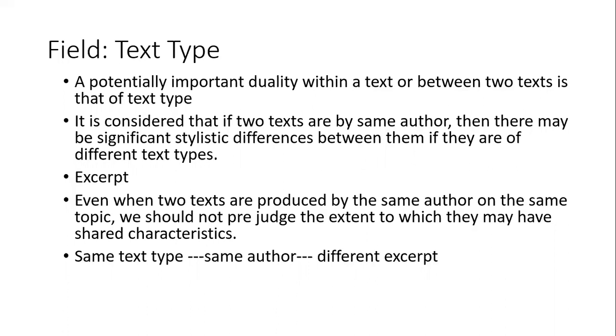Because field deals with the social setting, let me give you an example. If I'm talking to my parents in a social setting, it's a different social setting. My communication is going to be different. It is going to be a different text type as compared to the same communication occurring at someone else's place, or maybe outside my home, or inside my home, or somewhere in the market.